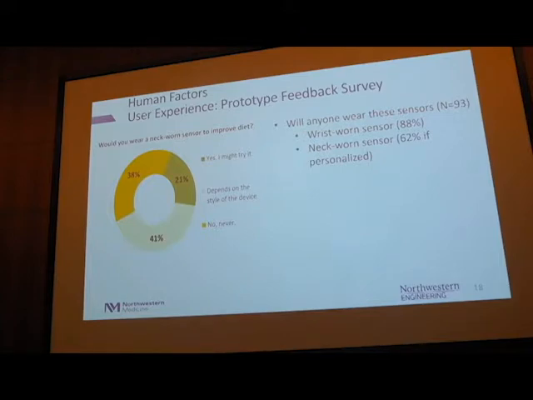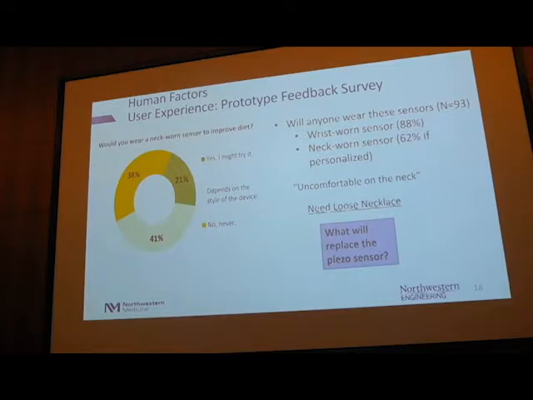About 88% of the 93 people said they would wear the wrist-worn sensor, but for the neck-worn, 41% still said never, and then others said yes, I might try, or it depends on the style of the device. So there's potential personalization that might improve their willingness to wear the device. Some of them said it was uncomfortable on the neck, and they needed a looser necklace.